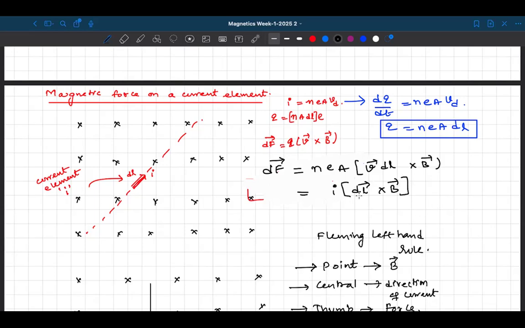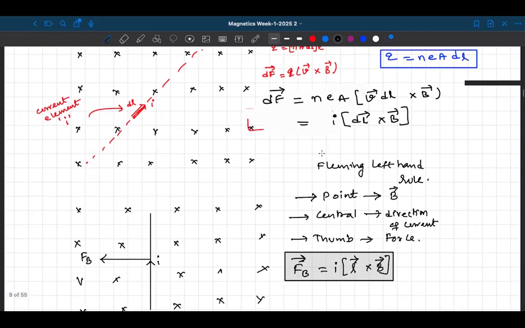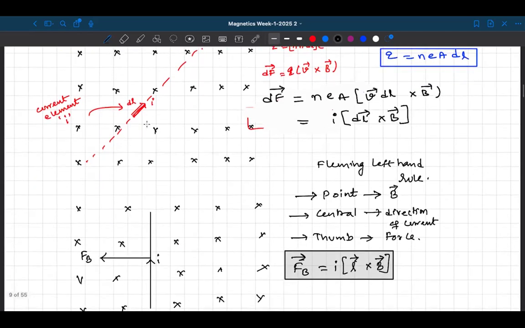Remember, you should identify the current element. The current element definition is: it is a small element whose vector direction is along the direction of the current at that point. You remember, the current element dl bar direction is along the current at that point.